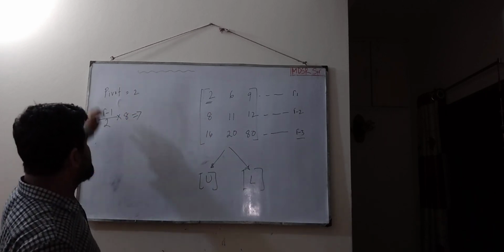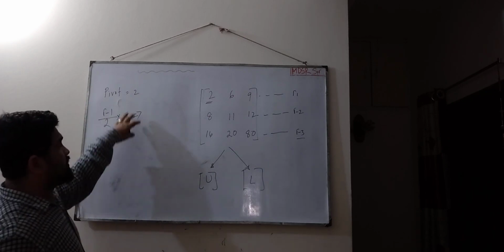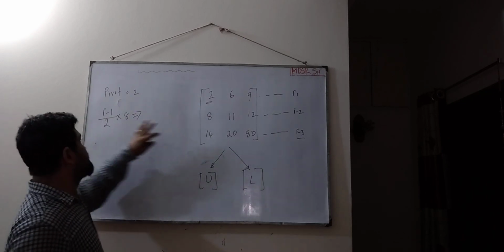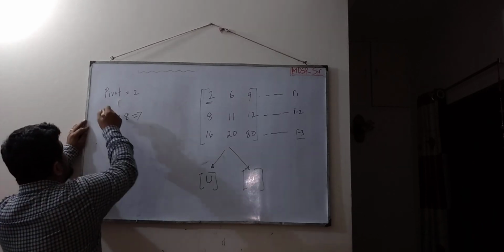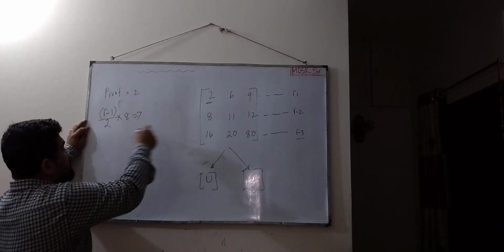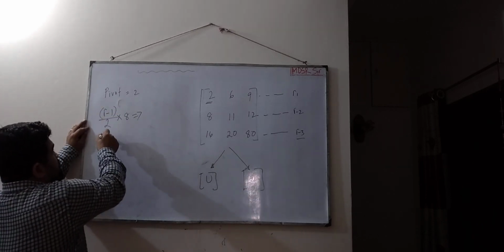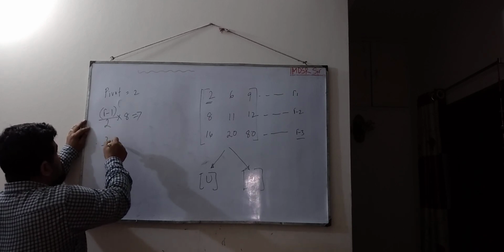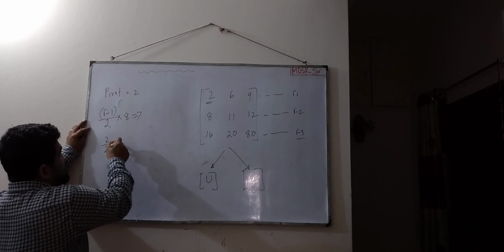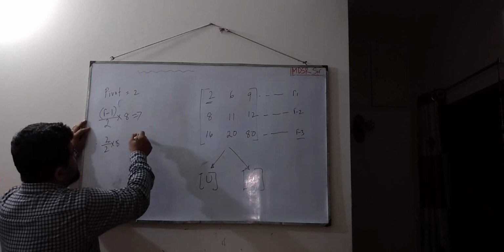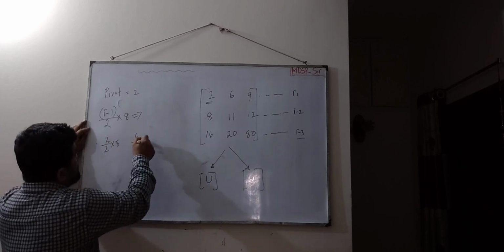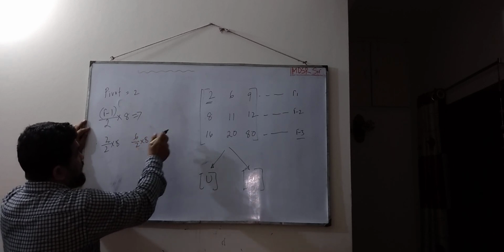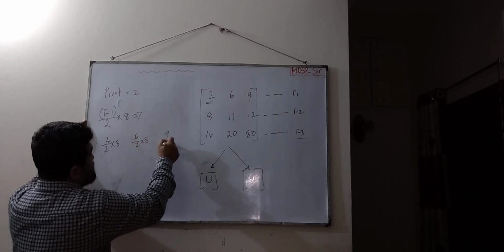If we apply this operation onto row 1, we do 2 by 2 into 8, then 6 by 2 into 8, and 9 by 2 into 8.